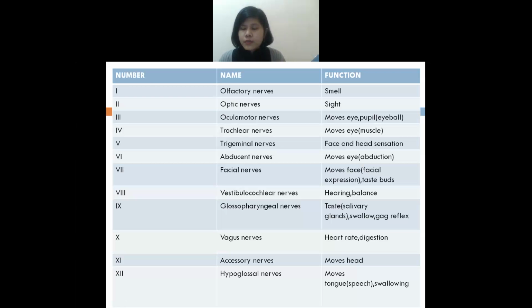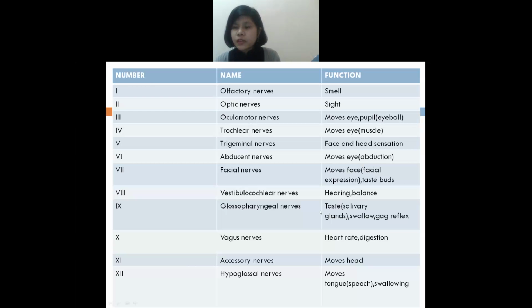Okay, number 9 is what? Glossopharyngeal nerves. The glossopharyngeal nerves help you in what? Taste. They help you in tasting something.